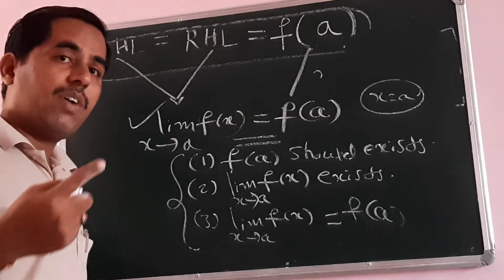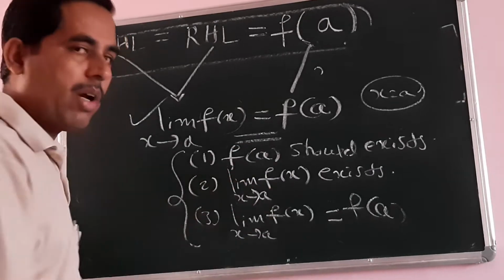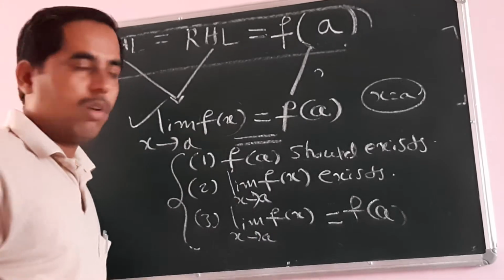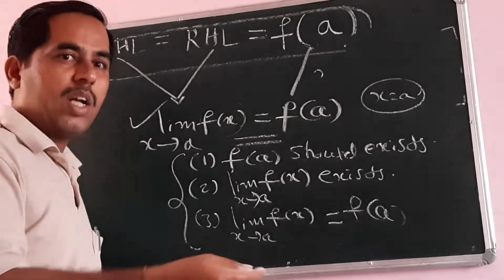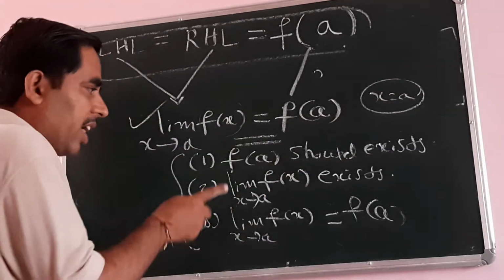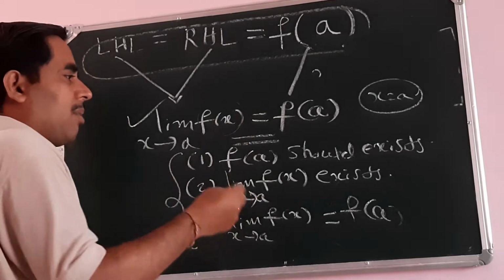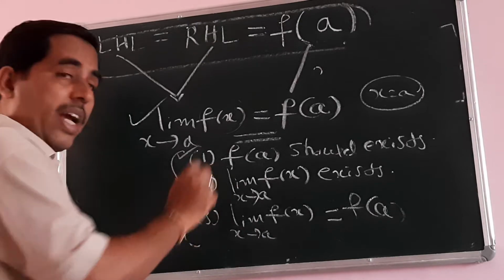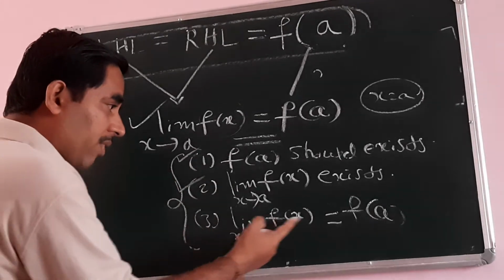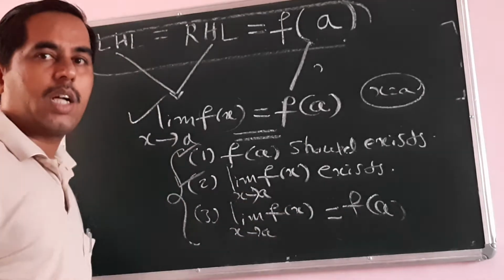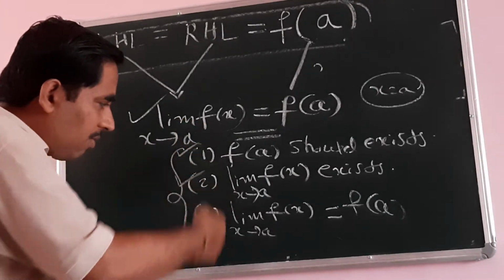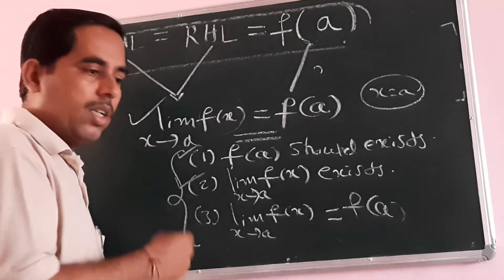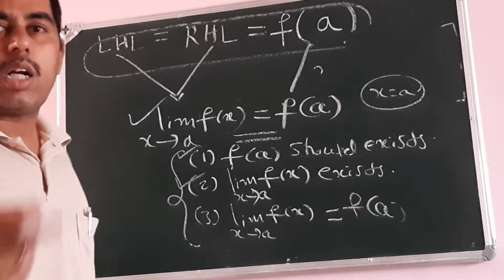See, when we say that a function is not continuous, in the example we observed earlier, the left hand limit and right hand limit were not equal. The left hand limit was 1 and the right hand limit was 2. There may be other cases: f of a exists, the limit also exists, but if the limit of f of x is not equal to f of a, then it is discontinuous. If one of these three conditions fails, then the function is not continuous.